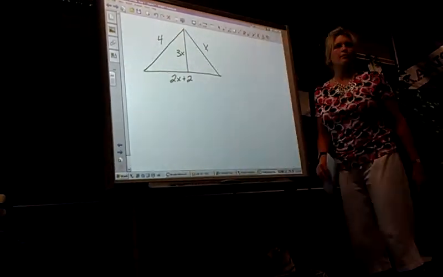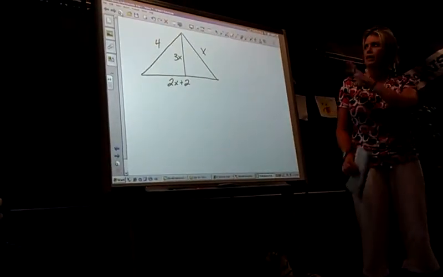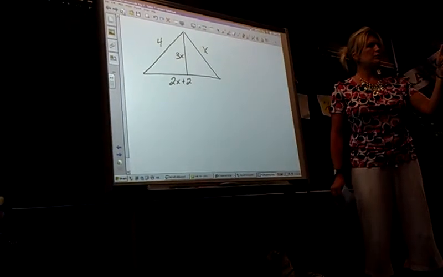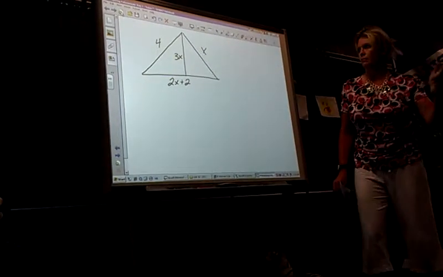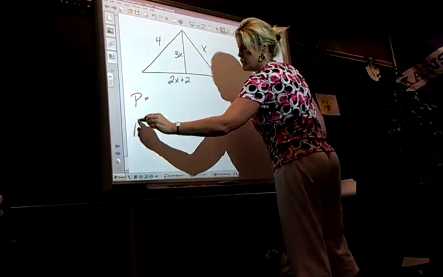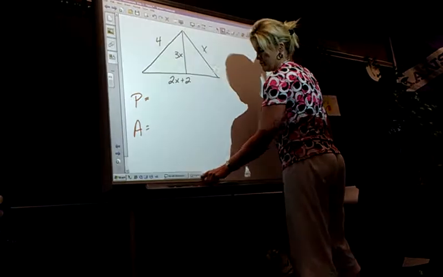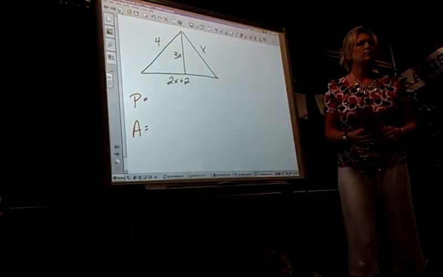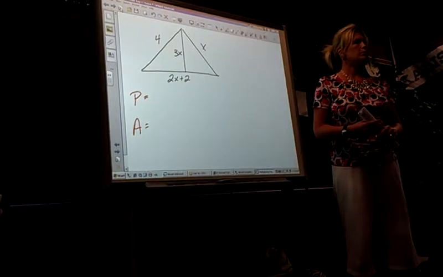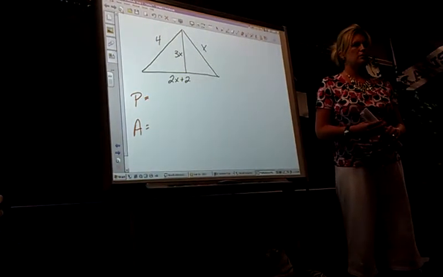Let's do this. Right now, I want you guys to go and find the perimeter, and then we need to find the area. Perimeter means to add up all sides.